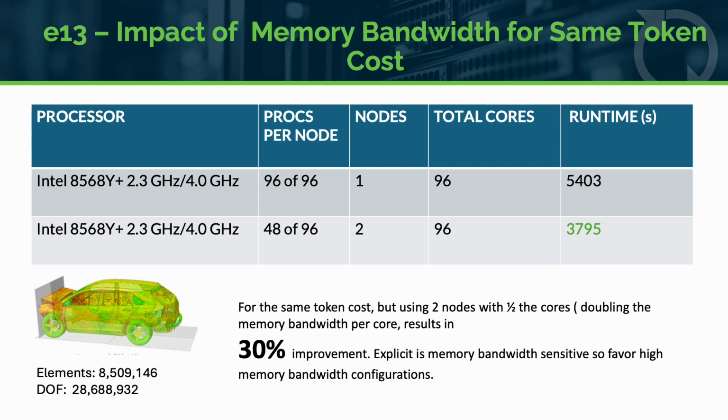And you can see by running the exact same number of cores, but giving it double the memory bandwidth by running on two machines, I am able to get a 30% improvement in this explicit model because it is memory bandwidth sensitive. So the takeaway is when you're looking at new configurations, if you're running explicit, you want to favor memory bandwidth. Configurations that give you the most memory bandwidth will generally result in more performance, more than just throwing a faster clock at it, for example.